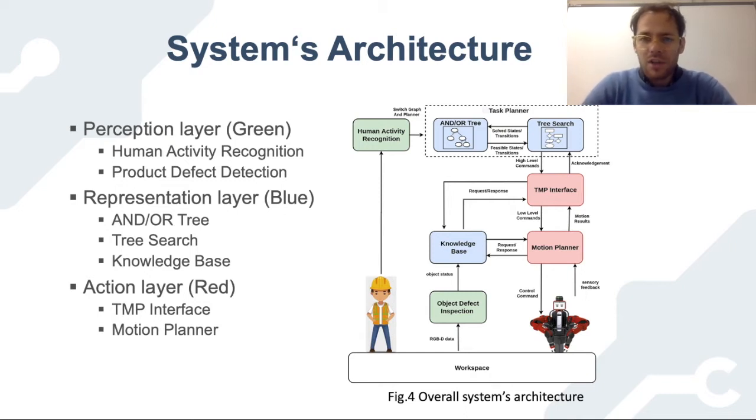The representation layer in blue is composed of the AND/OR tree, where the graphs are created, tree search, which is responsible for solving the tree, and a knowledge base which is used to store data. The action layer in red has two main components, where the task and motion planning interface maps high-level tasks to low-level motions, and the motion planner is responsible for planning and executing low-level motions.